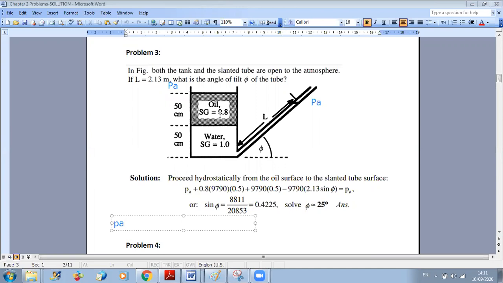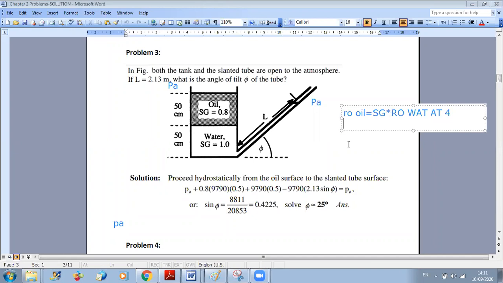When they give you the specific gravity, you can write rho of oil is equal to specific gravity times rho of water at 4 degrees.